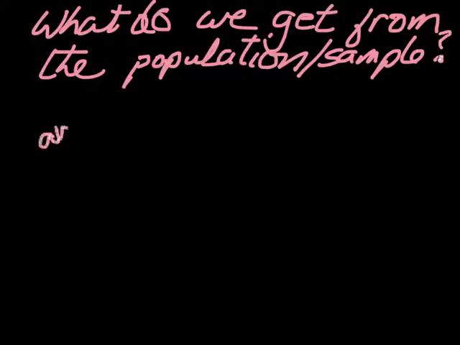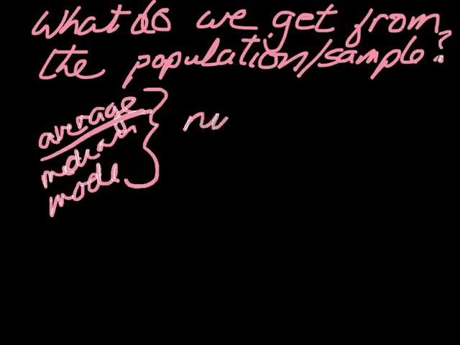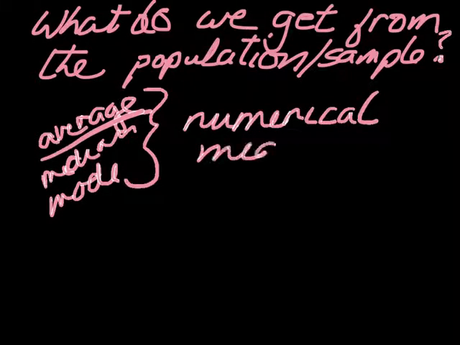You'd like to know what the average age is or the average shoe size. You've probably heard the words median and mode, and we'll talk about those later. But we want to know some numerical measurement of a population or a sample.